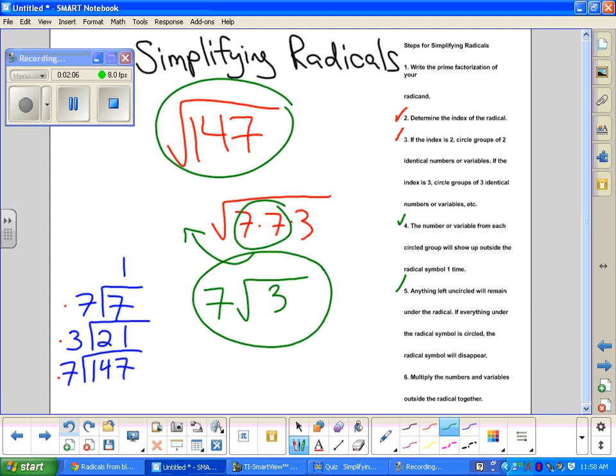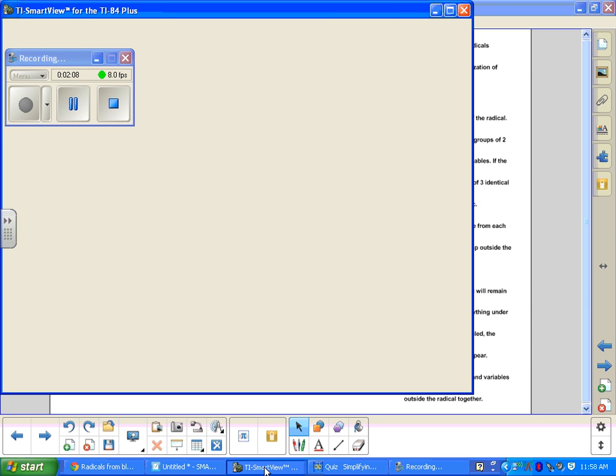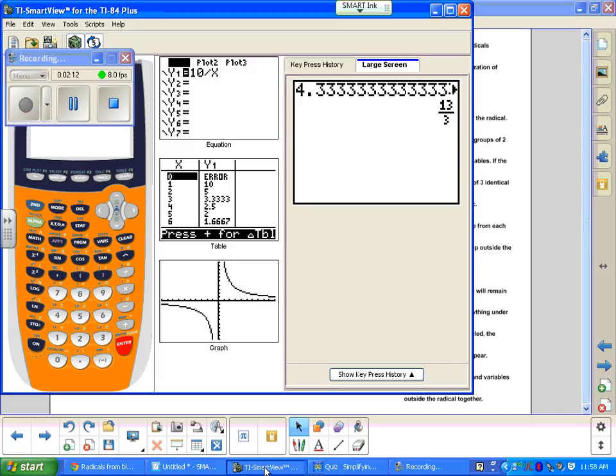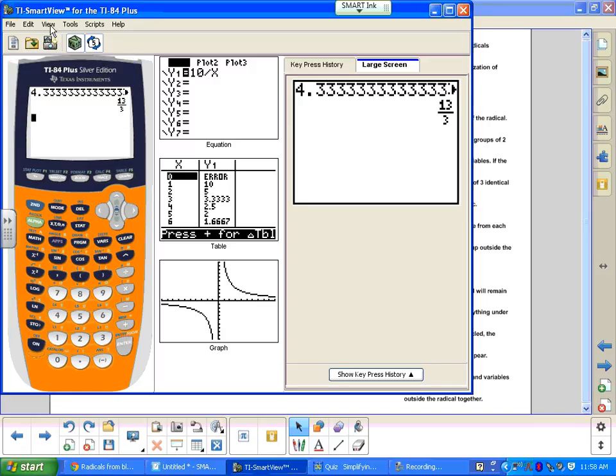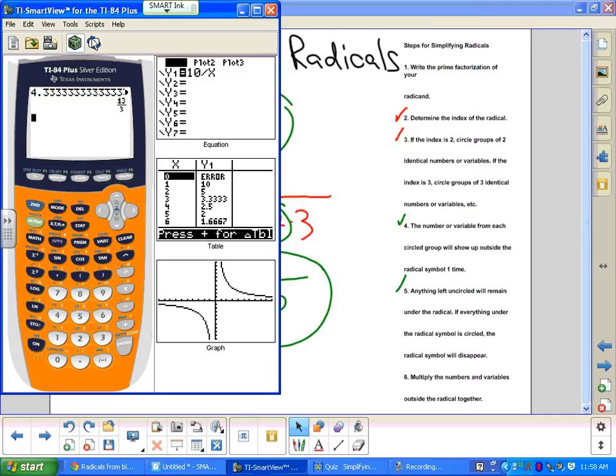Now to check it, you're going to put it in your calculator.